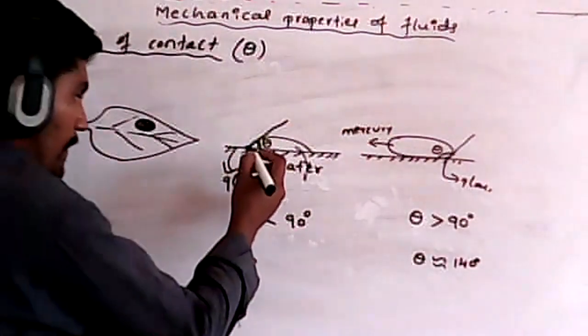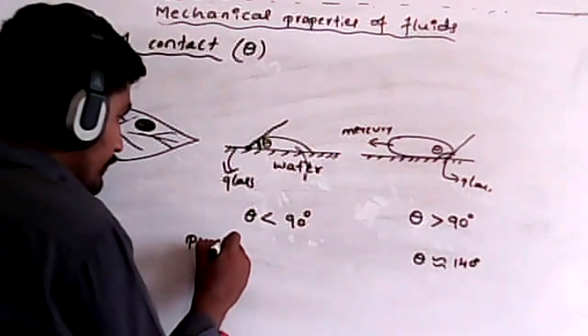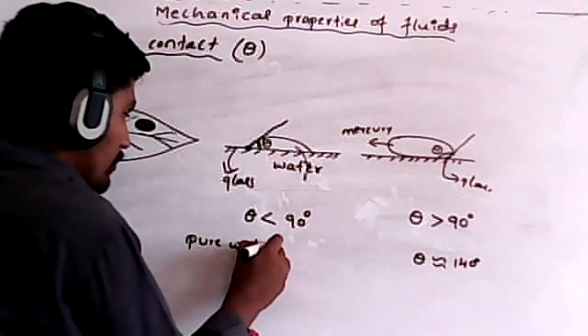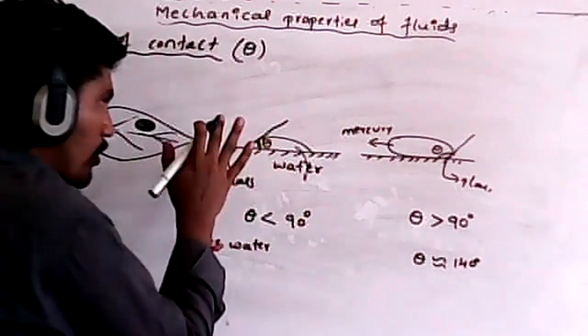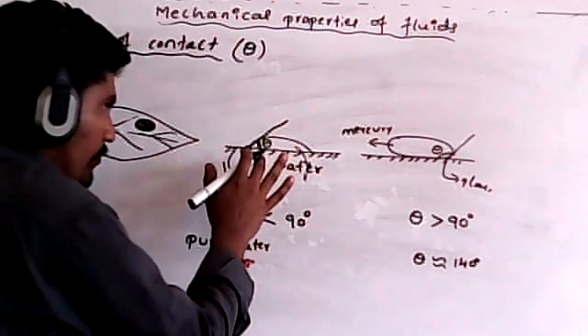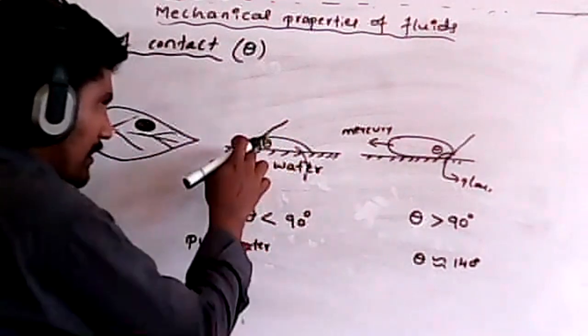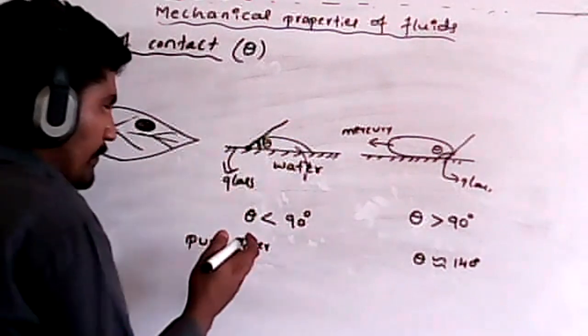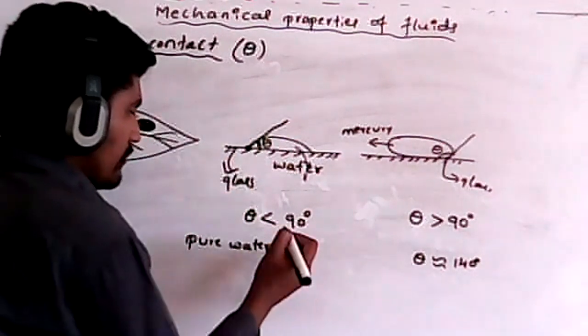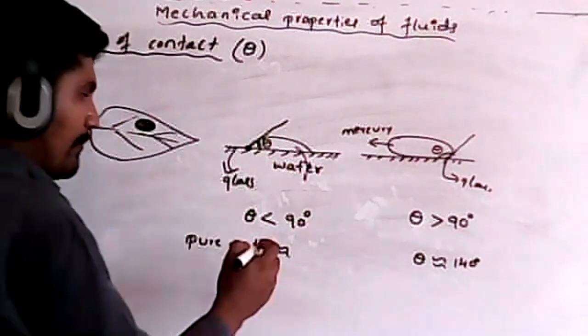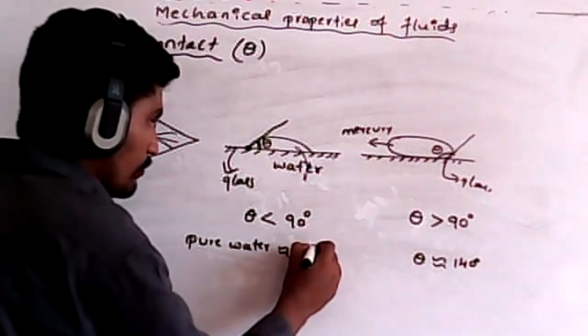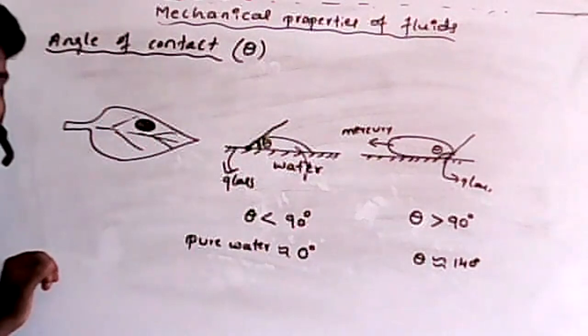But remember, if I take pure water, then the angle of contact between glass and that pure water drop is 0 degree.